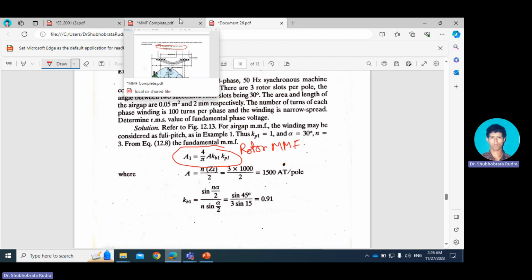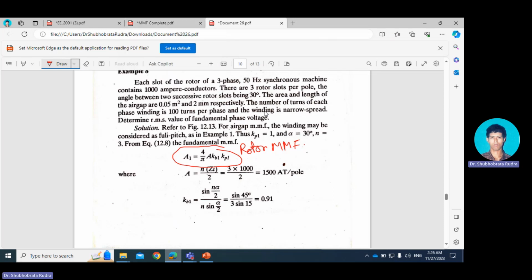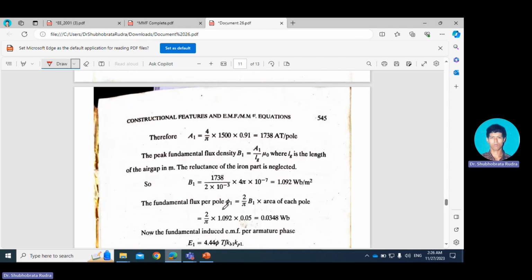In this case, you have the total ampere-turn loading given, that 1500 ampere turn per pole. And from that, you find out the breadth factor and all this. And then you proceeded to find out the total ampere turn per pole. Then you utilize this formula and then you got the result.